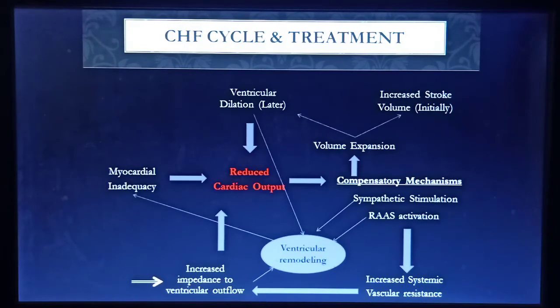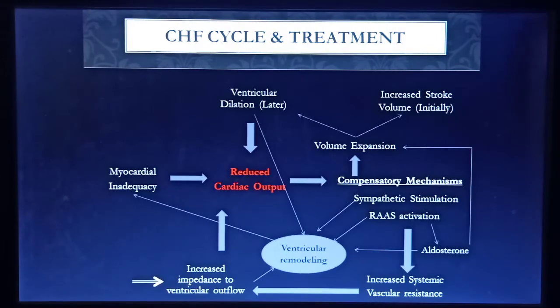Another mechanism: RAS activation releases aldosterone, which causes ventricular remodeling and also volume expansion. So this is the cycle of congestive heart failure. It goes on consecutively, reducing the cardiac output, and finally congestive heart failure occurs.